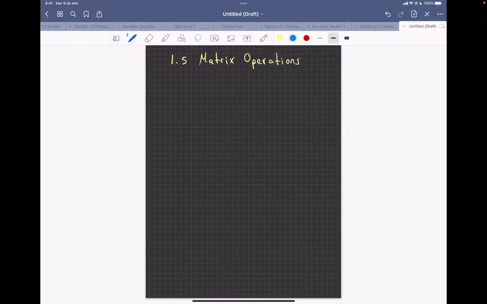Well, remember that a matrix is, in general, a rectangular array of numbers.